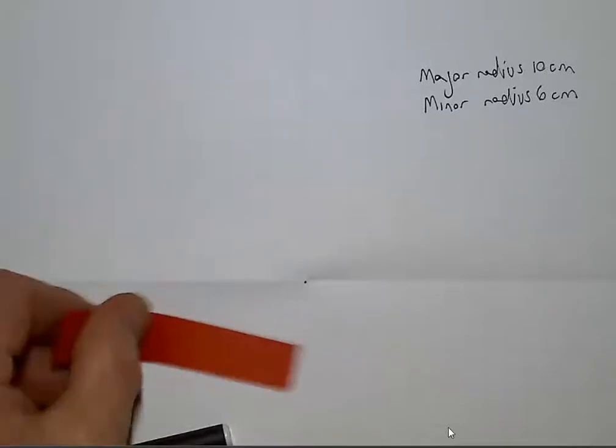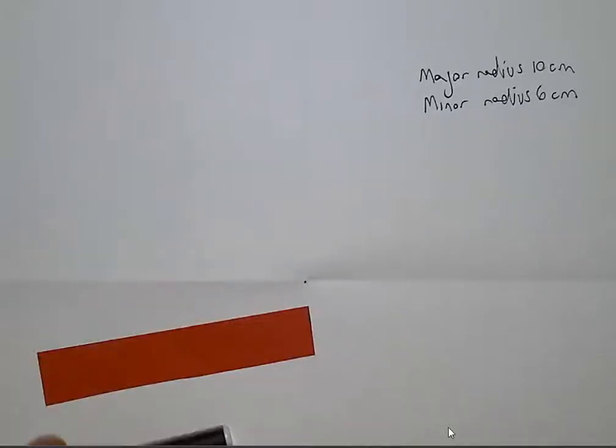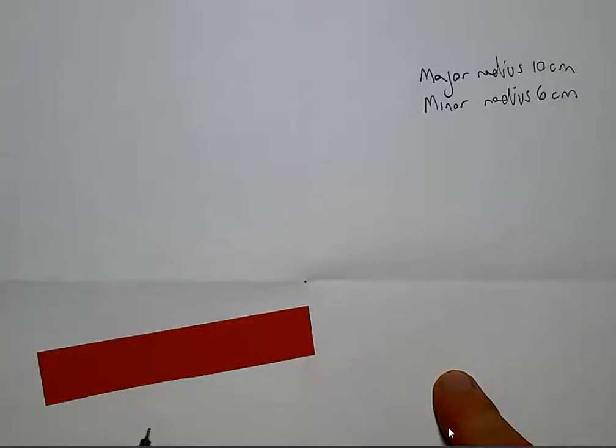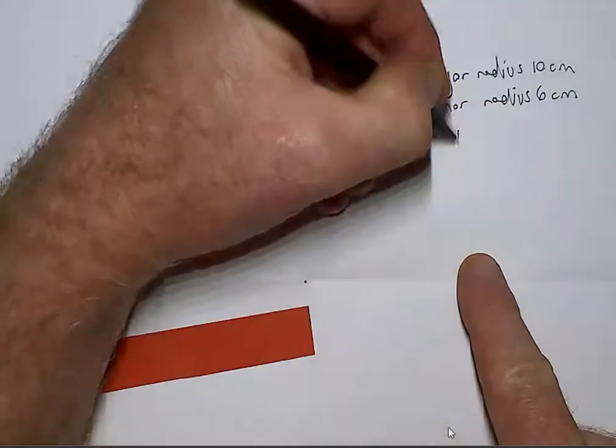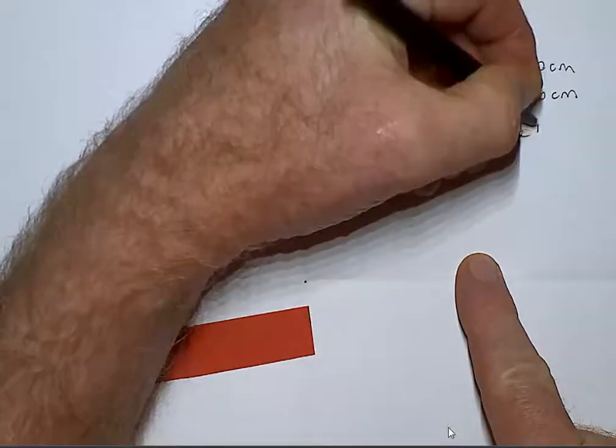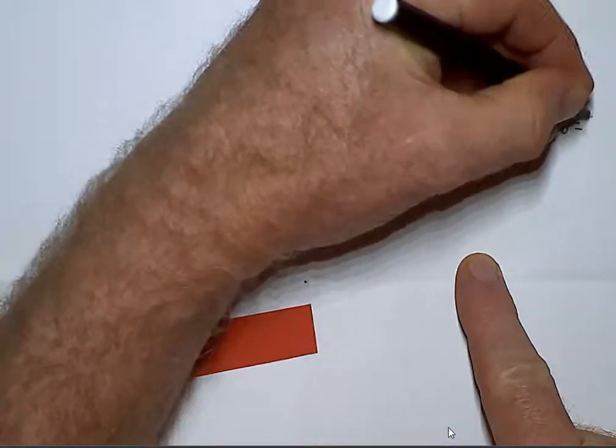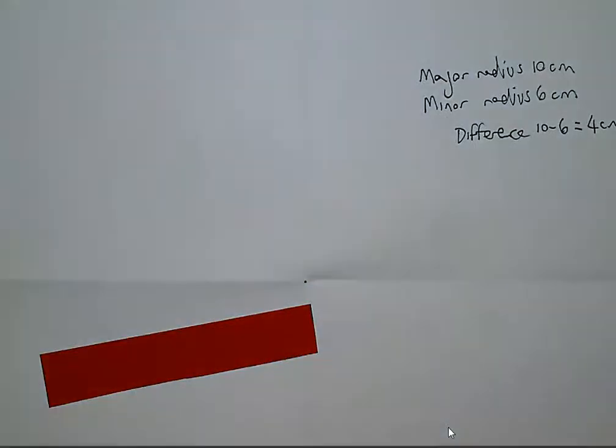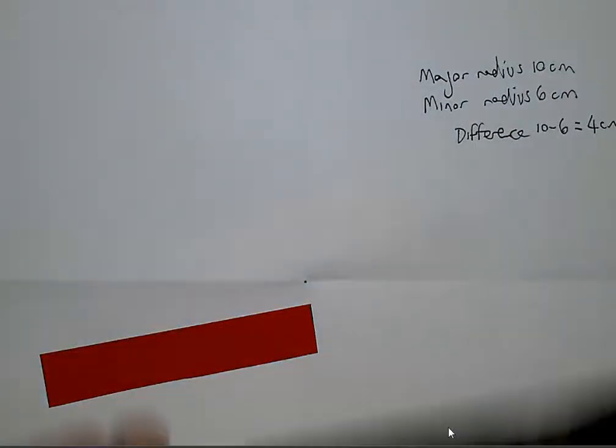And I'm going to put a mark on here, which is the difference between the major and minor radiuses. In other words, the difference in this case is 10 minus 6 equals 4 centimetres. So I'm going to put a mark on here 4 centimetres from one end.